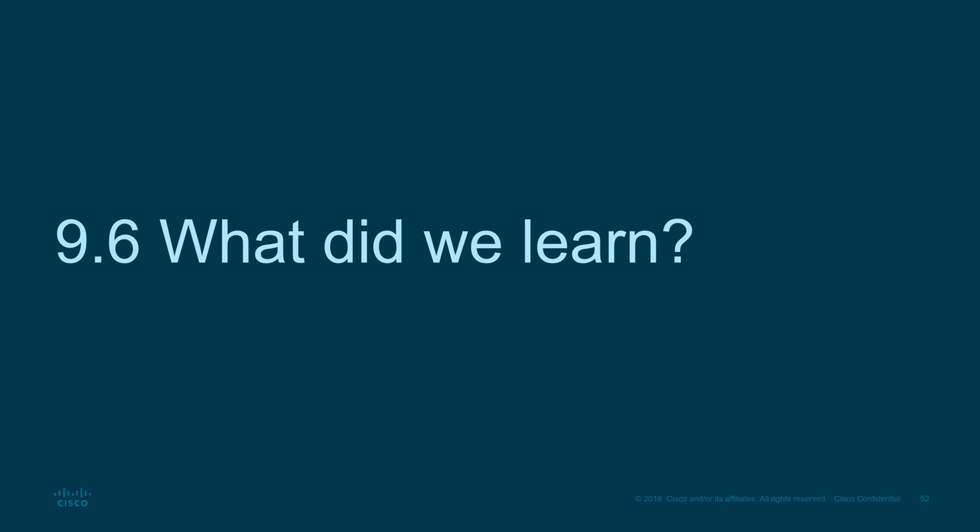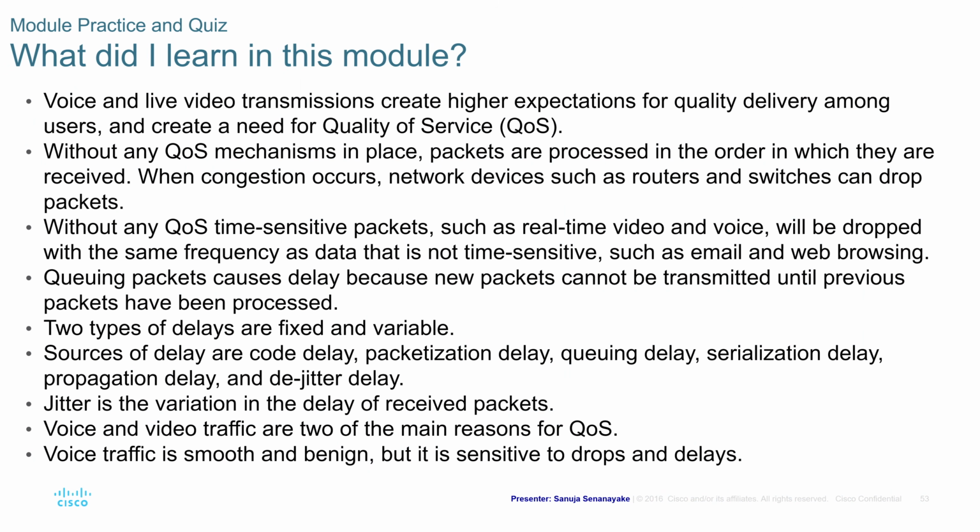That brings us to the end of this lecture, and I will quickly go over what we have covered today. We learned that voice and live video transmissions create higher expectations for quality delivery among users and create a need for QoS. Without any QoS mechanisms in place, packets are processed in the order in which they are received.